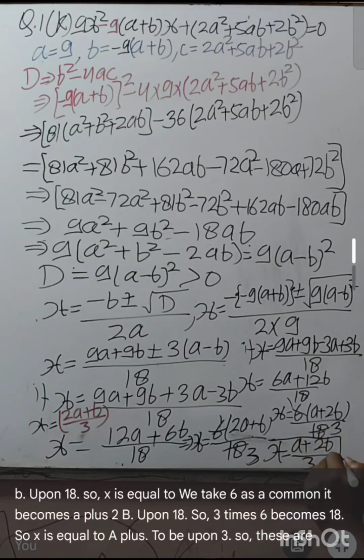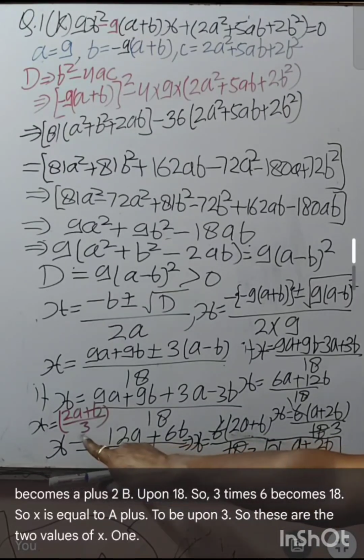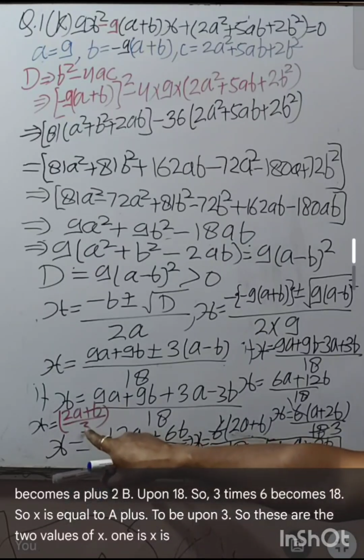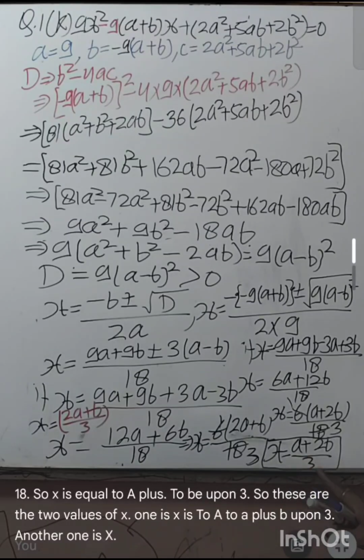So these are the two values of x. One is x is (2a plus b) upon 3. Another one is x is (a plus 2b) upon 3.